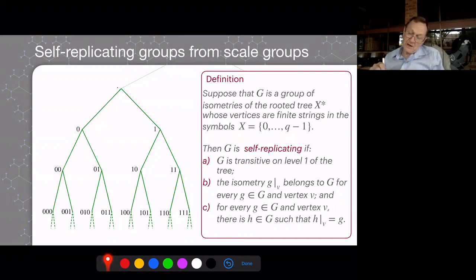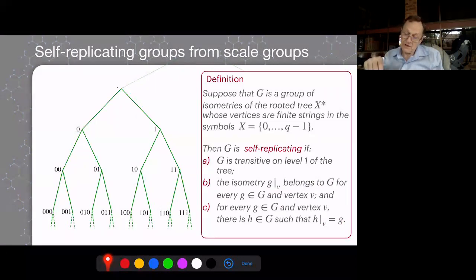And, well, if we take our element G and we look at what G does to the tree below a vertex V, then that will give us an automorphism of our tree again, and that automorphism should belong to G. And conversely, for every element of the group and vertex V, there is some element H of the group such that H acts below V just like G.